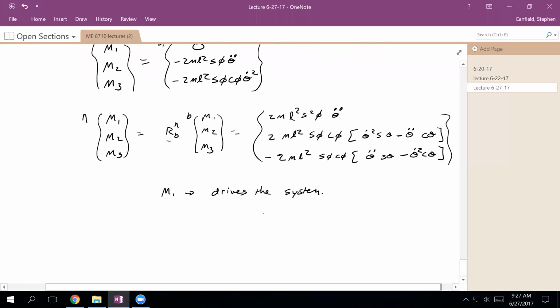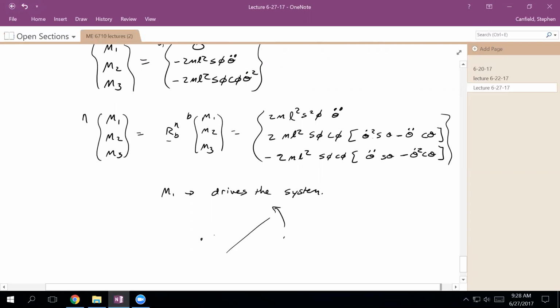M2 is this term, and we can see it's depending on the velocity and the acceleration, kind of a term that's wanting to straighten the whole thing out. It's kind of pulling on the bar that way, depending on your angular acceleration. And then you get the equivalent thing in the other dimension.